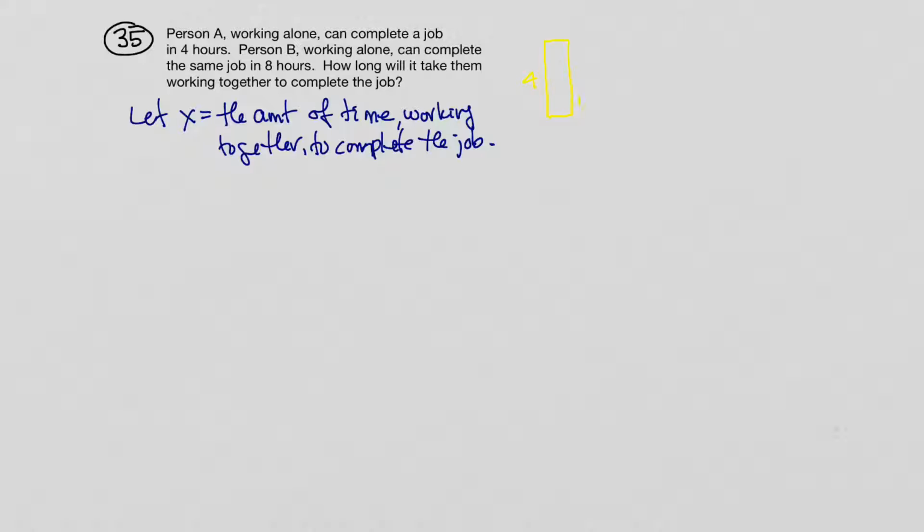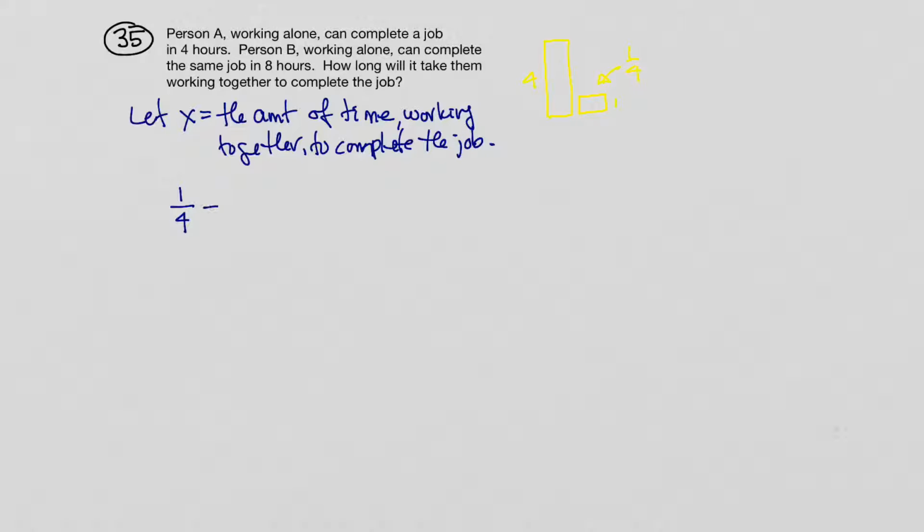So in 1 hour, if we just do 1 hour, this is 1/4. So what I mean is this. It takes person A 4 hours to do the entire job. In 1 hour, person A can do 1/4 of the job. So person A's contribution will be 1/4. So I'm going to write, here's the contribution in 1 hour. Person A can complete 1/4 of the job in 1 hour.